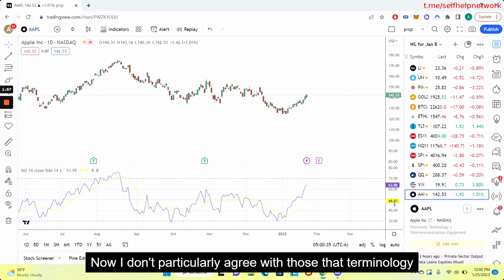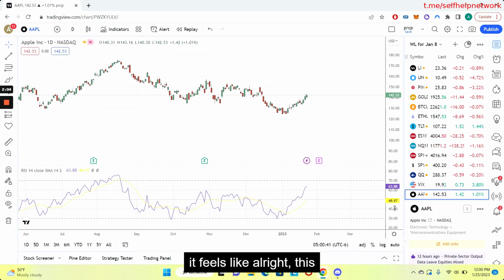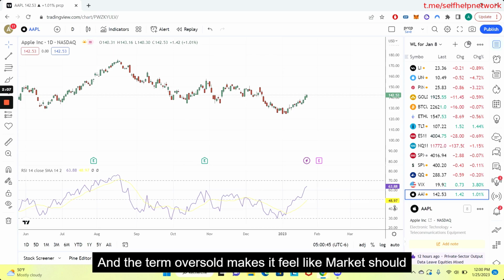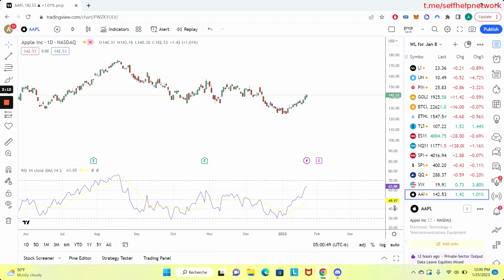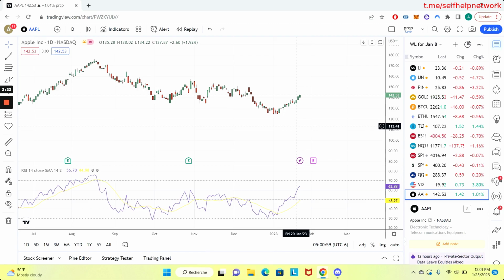Now, I don't particularly agree with that terminology, because the term overbought makes it feel like this market will pull back lower. And the term oversold makes it feel like the market should bounce. But as we all know from Newton's laws, a thing that's moving is likely to keep moving, while an object at rest is likely to stay at rest.